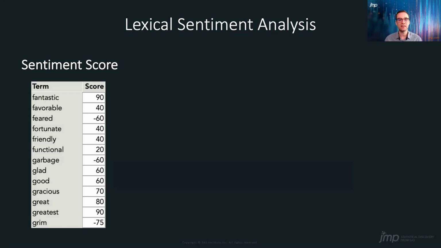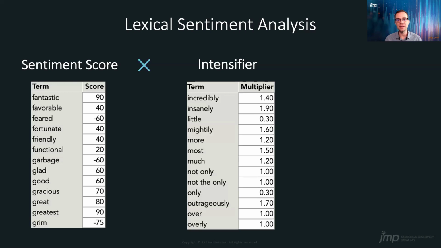Now we can assign scores to these terms and basically count them up or take their average in any individual document. But we do want to account for a couple other things. If you remember, that first sentiment phrase we saw in the beige book example was severely depressed. The word severely is an example of something we call an intensifier, which is basically a sentiment multiplier.